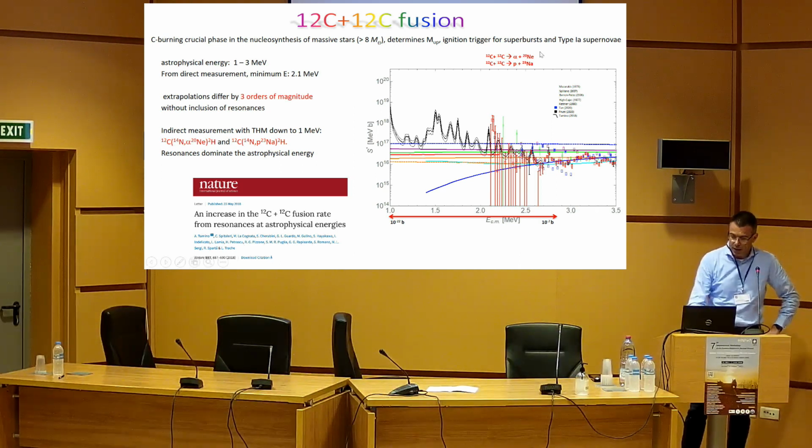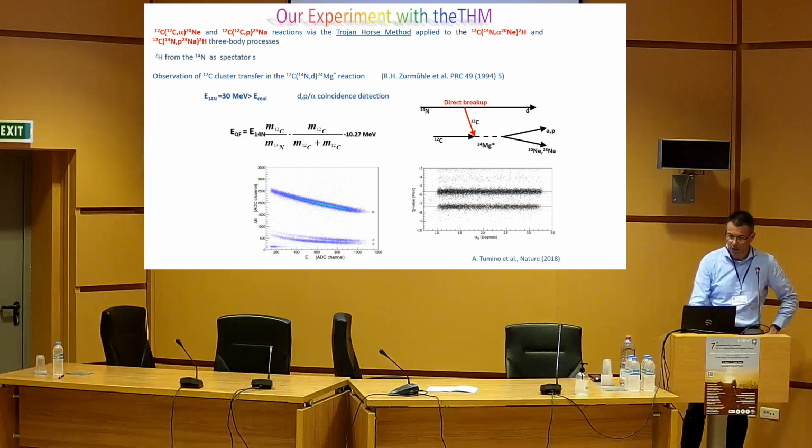In this case, the reaction was studied, as we will see in the coming transparencies, at Catania, so at LNS. The beam was nitrogen-14 on a carbon-12 target. And in this experiment you look at the reaction on carbon-12, and you produce excited states of magnesium-24.